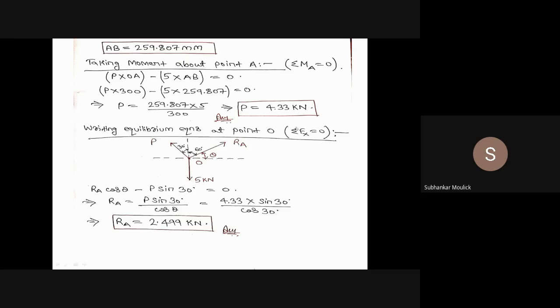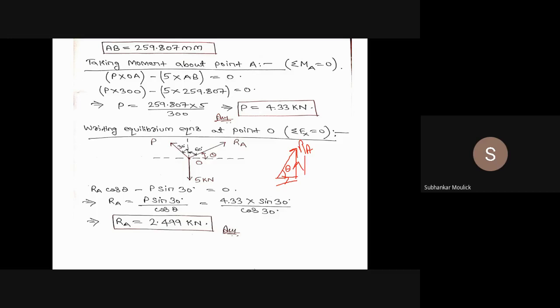So I am taking summation Fx equal to 0. This is your RA, and this angle is theta. If this is angle theta, then the components will be RA cos theta and RA sin theta.